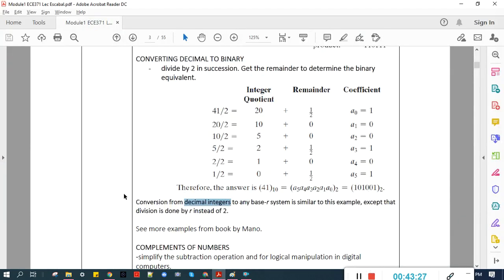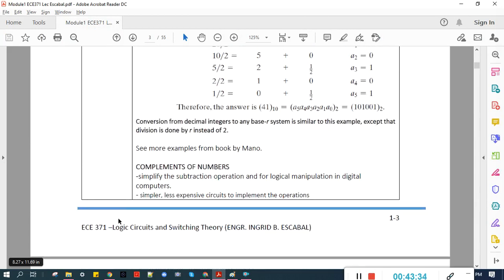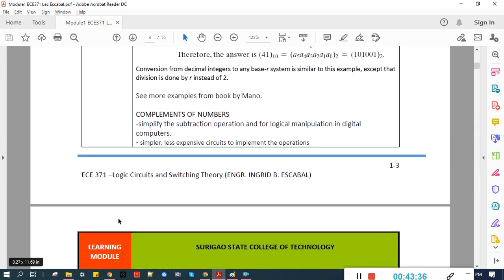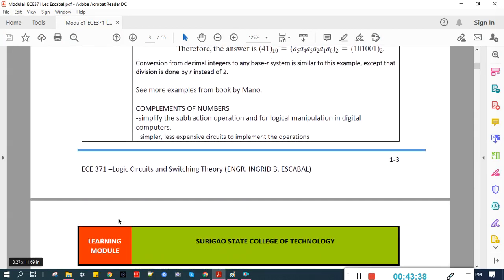Next. Let's go to the complements of numbers. By the way, the reference of my modules is from the book by Morris Mano.